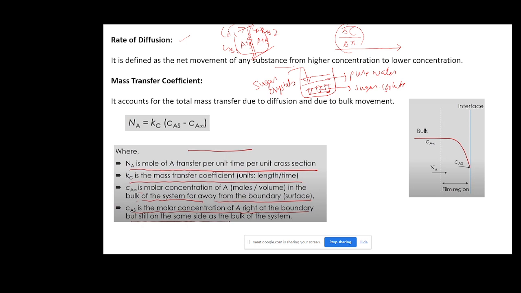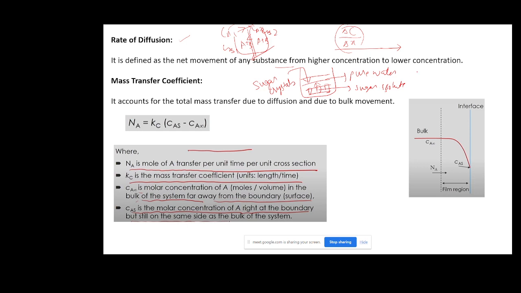So there is a large concentration gradient. So there will be transfer, or the dissolution of these sugar molecules into the liquid phase. Now this transfer of molecules is due to diffusion.